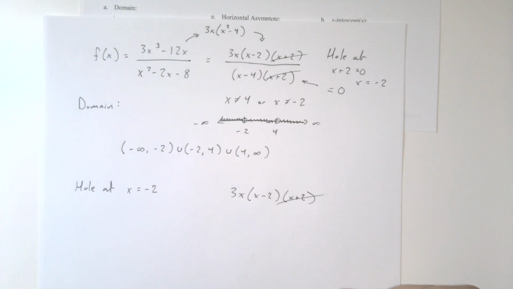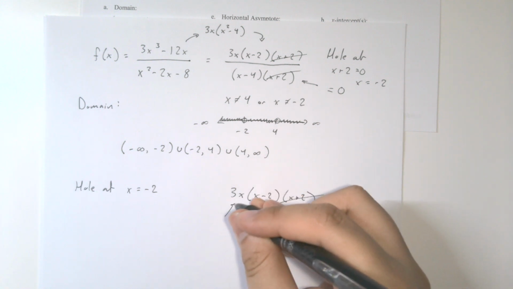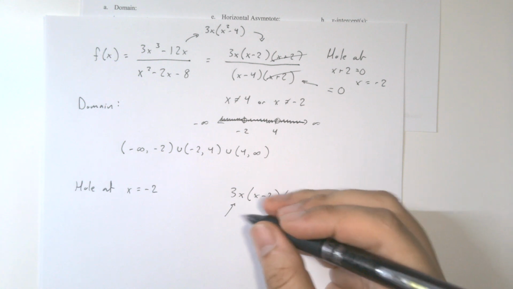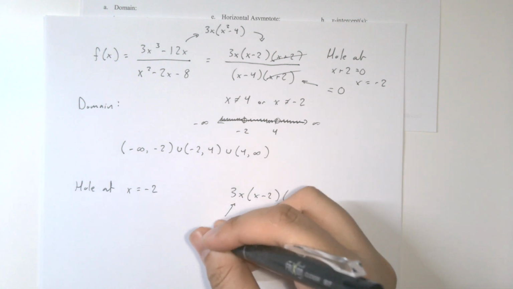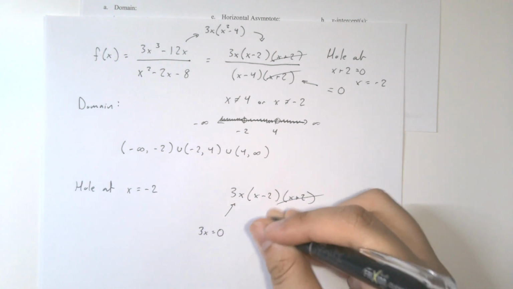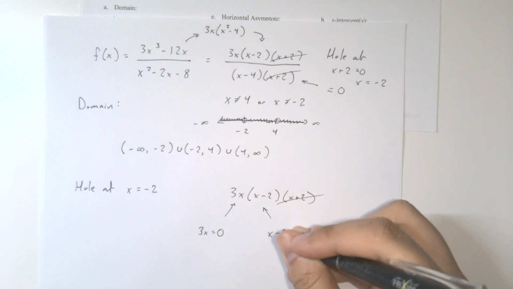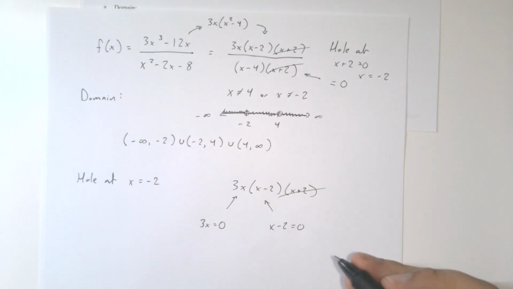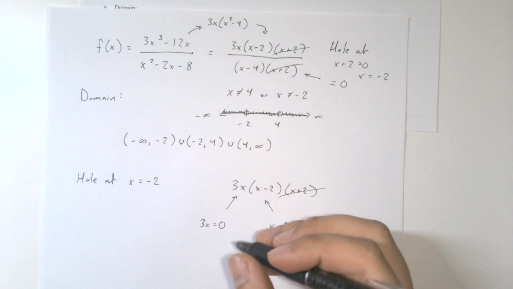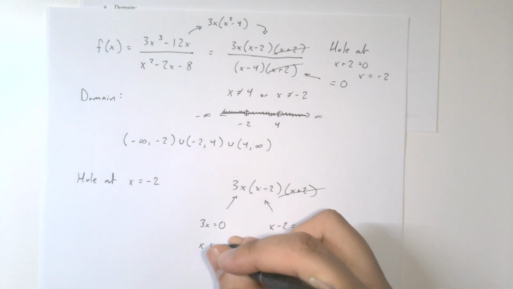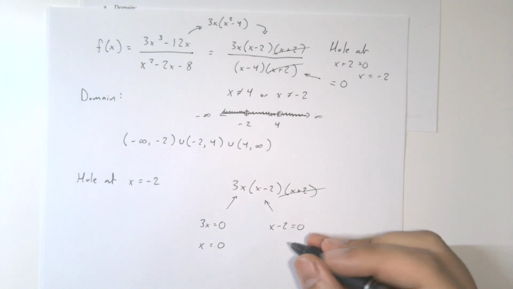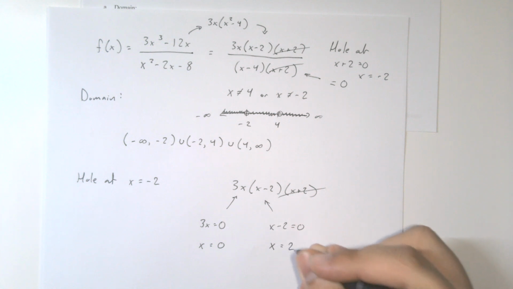So really, all we have left to solve for is the 3x equal to 0, and the x minus 2 equal to 0. Well, for this one on the left, all we have to do is divide by 3, and we have x is equal to 0. And for the one on the right, we have x is equal to 2.